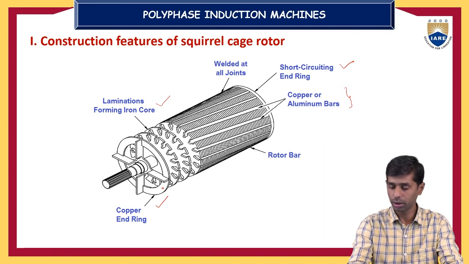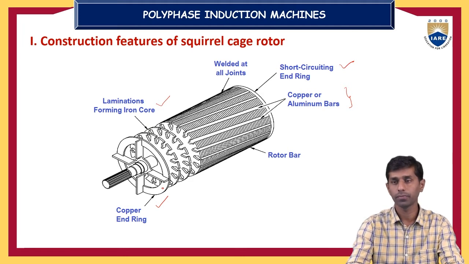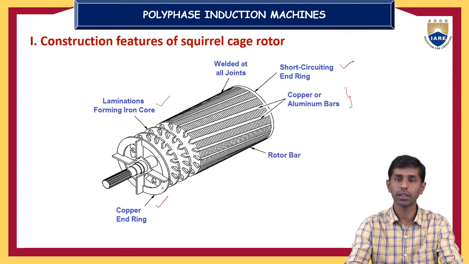Generally, the end rings are made of forged copper or forged special copper. Forging is a process to increase the hardness of the material. So the end ring should have good mechanical strength as well as good conductivity.